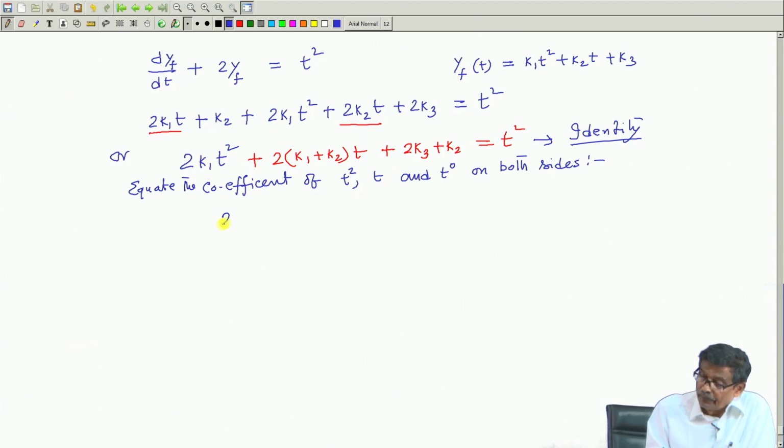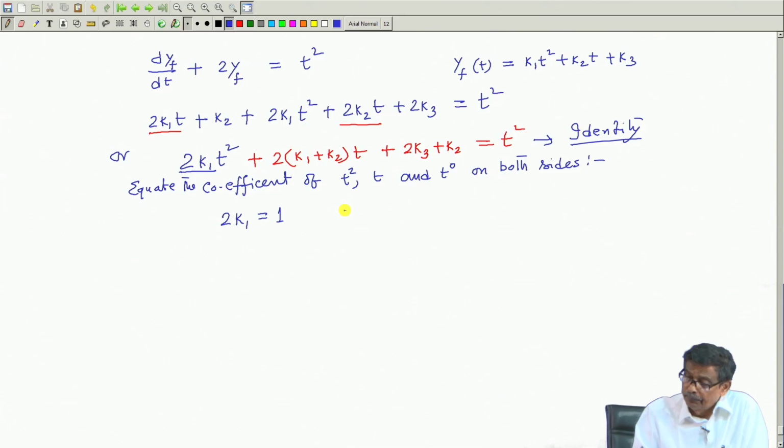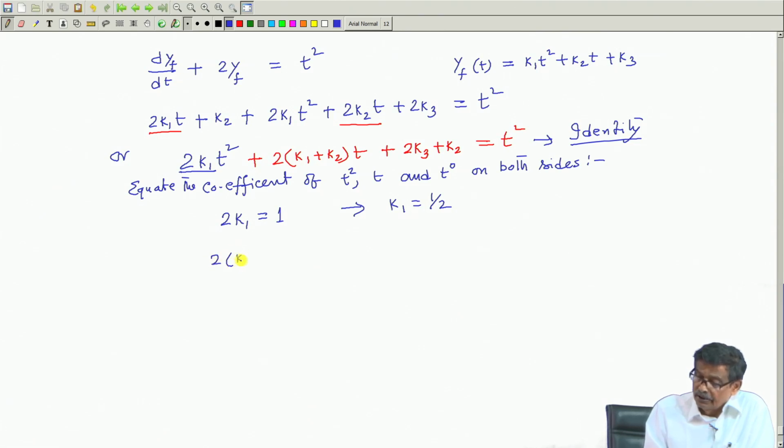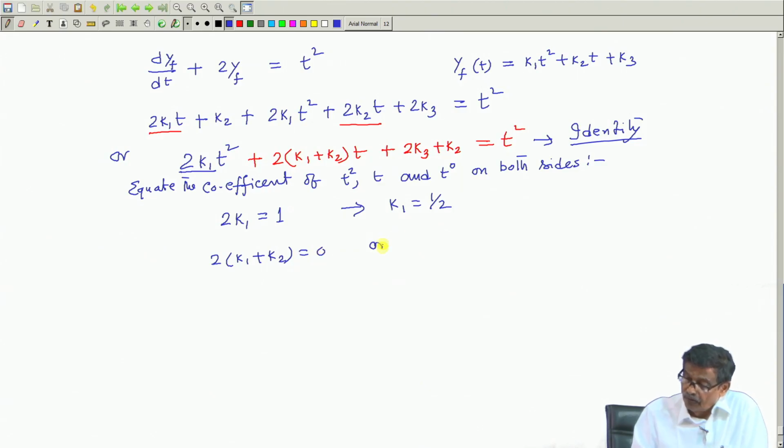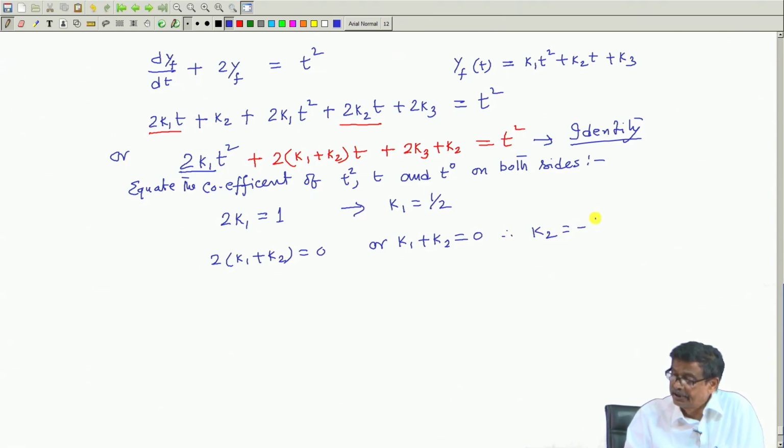That is, 2 k1 must be equal to 1. On the right hand side there is t square, here also it is t square. So, its coefficient is 2 k1, it must be equal to 1. Therefore, it straight away gives you k1 is equal to half. There is no t term on the right hand side, so its coefficient is 0. So, 2 k1 plus k2 is equal to 0, therefore k2 must be equal to minus half.